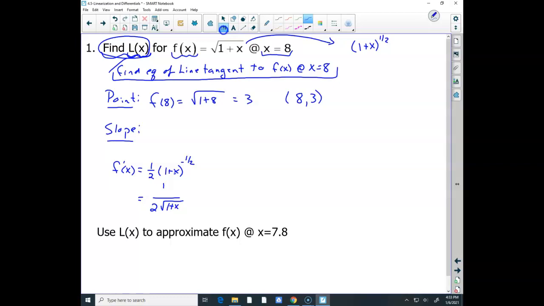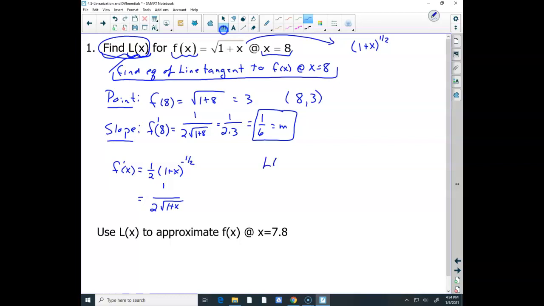Well, what does that mean? My slope is f prime of 8. That gives me 1 over 2 square root of 1 plus 8. That's 1 over 2 times 3, so 1/6 is m. So we can use that to approximate with the slope. So what is my L of x function?